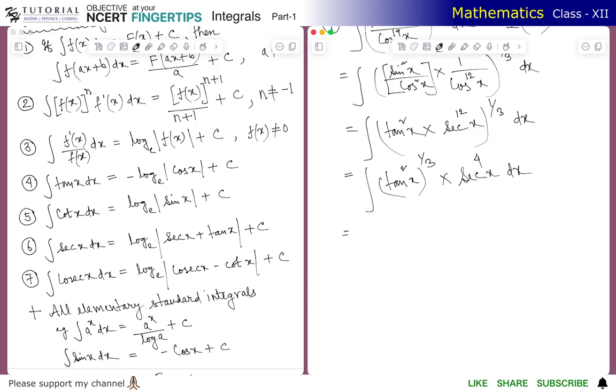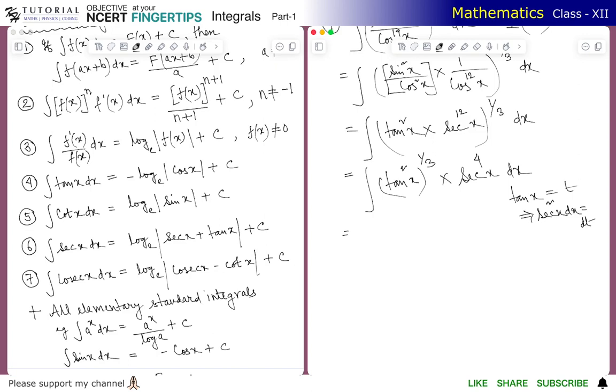Tan x equals t, I will get sec square x dx equals dt. Should I at this stage substitute tan x equals t? This implies sec square x dx equals dt.